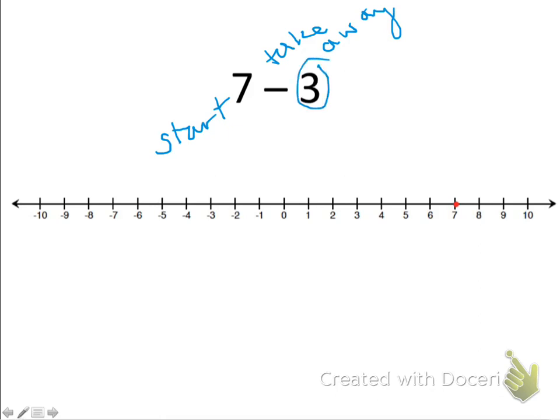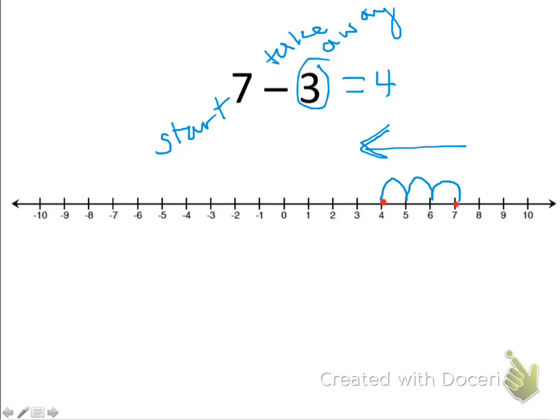Because we don't want it to become more positive, we want to move in the opposite direction of our 3, which means we're actually going to move to our left because we want to take away that positive number. We want it to become less positive. So I'm going to move 3 spaces, 1, 2, 3 towards the negative because I want our number to become less positive. So my answer for 7 minus 3, which you already knew, is 4.